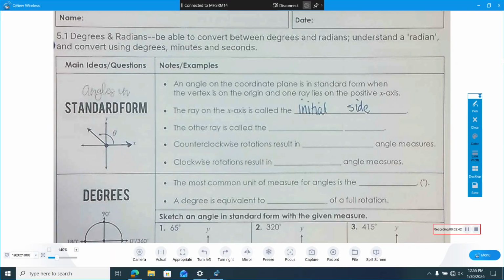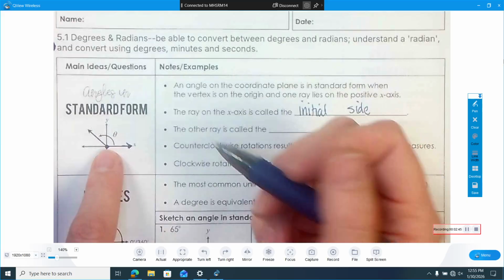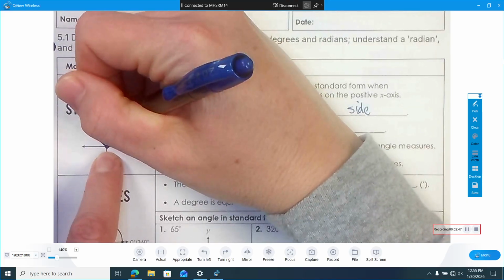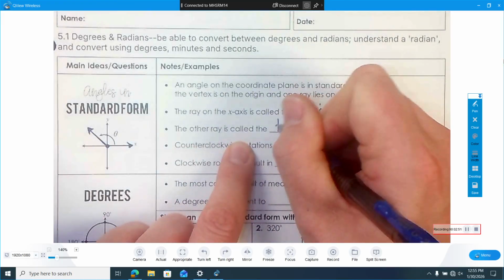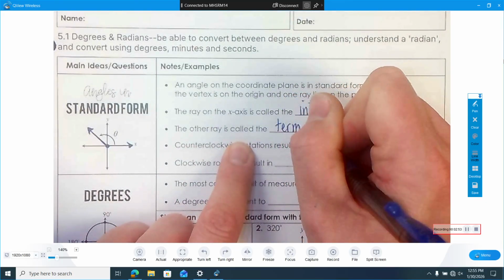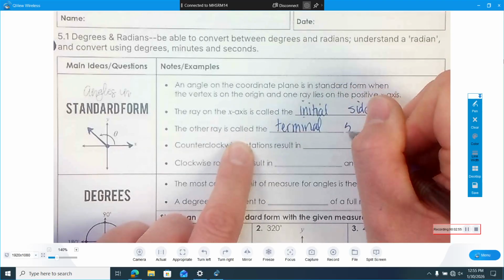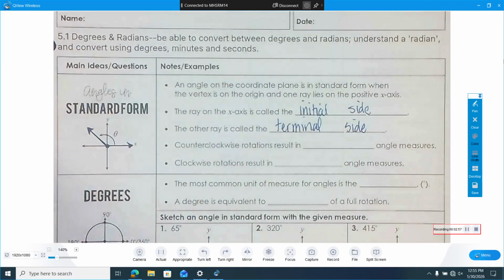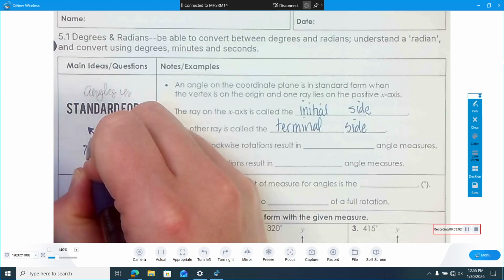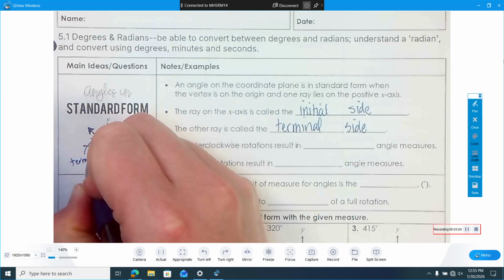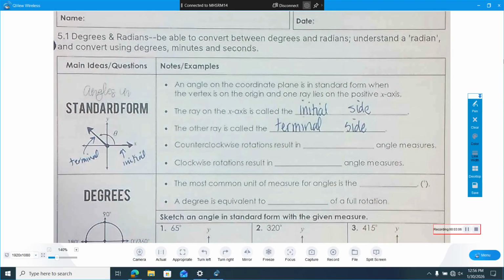As that angle sweeps open, this other ray right here is called the terminal side of the angle. So we have an initial side, and we have the terminal side of our angle.